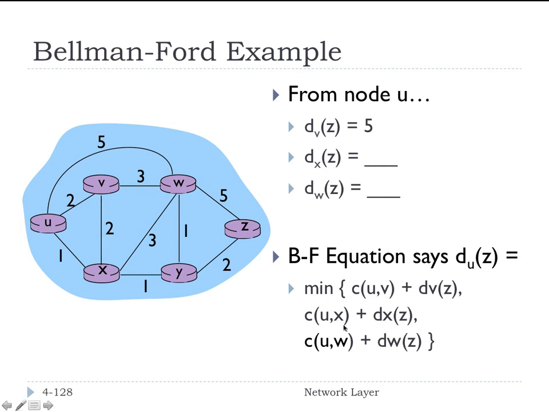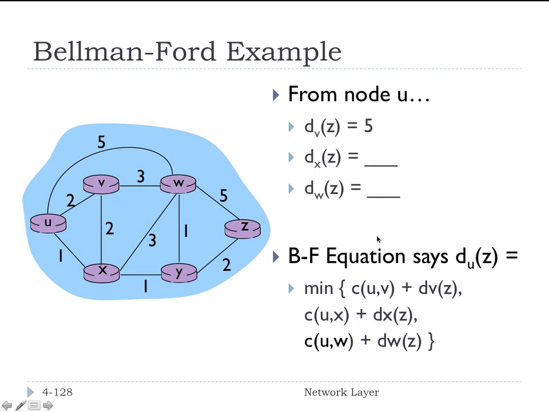The cost from u to x is 1, and the least cost path from x to z is 3. We found that up here. So that's 1 plus 3.